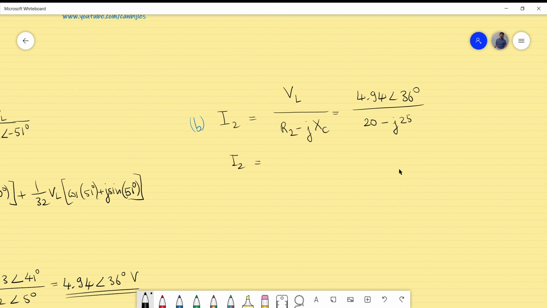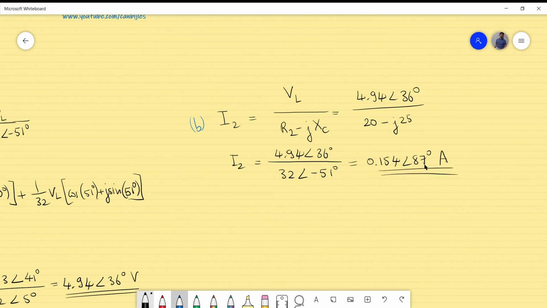So you have 4.94, just the same, divided by 32 for this part. You transform from the rectangular form to the polar representation: 32 and a phase of minus 51 degrees. If you do the math again, divide the magnitudes and subtract the phases, you will have 0.154 and a phase of 87 degrees, in amperes.